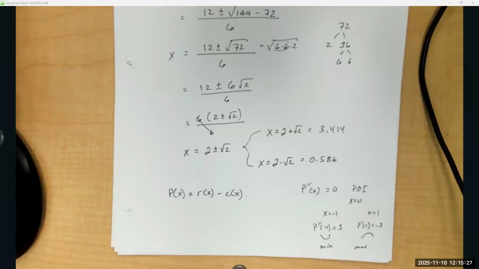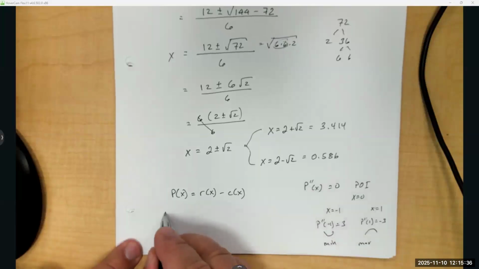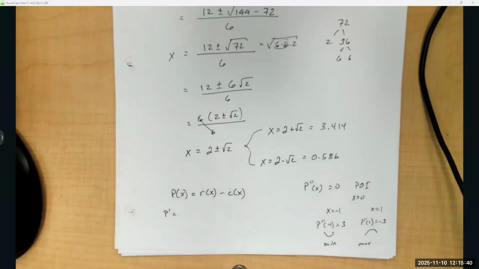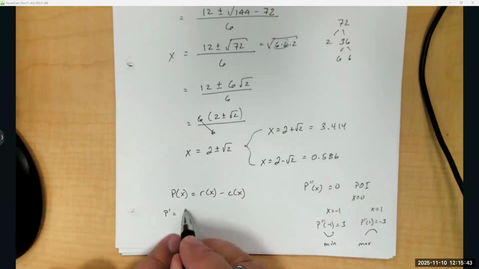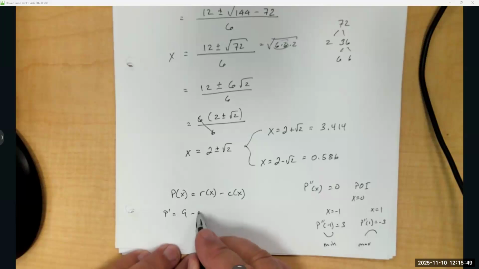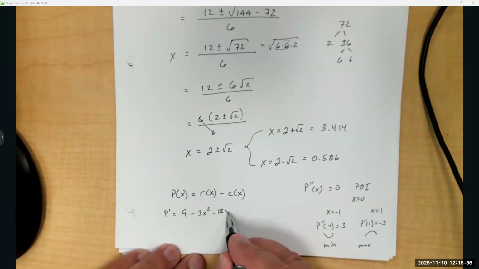So that's our next step, is to do the second derivative of the profit. The derivative of r was 9. The derivative of c was 3x squared minus 12x plus 15.